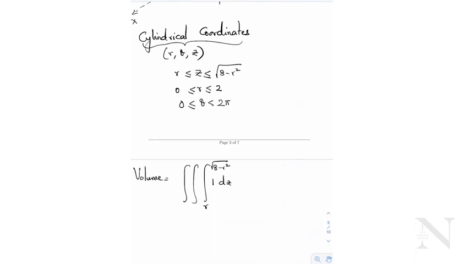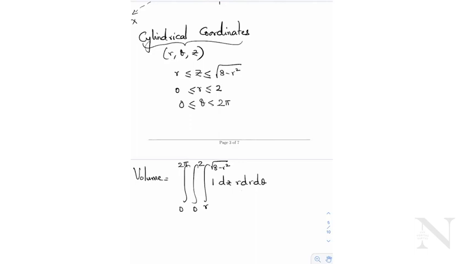Not too bad. r dr d theta. If you forget this r here, then it's a different story. Not only will you get a wrong answer, but you're also going to spend a lot of time doing a pretty insane integral. So there are 2 things that could happen if you forget that r. So r goes from 0 to 2, theta goes from 0 to 2 pi.